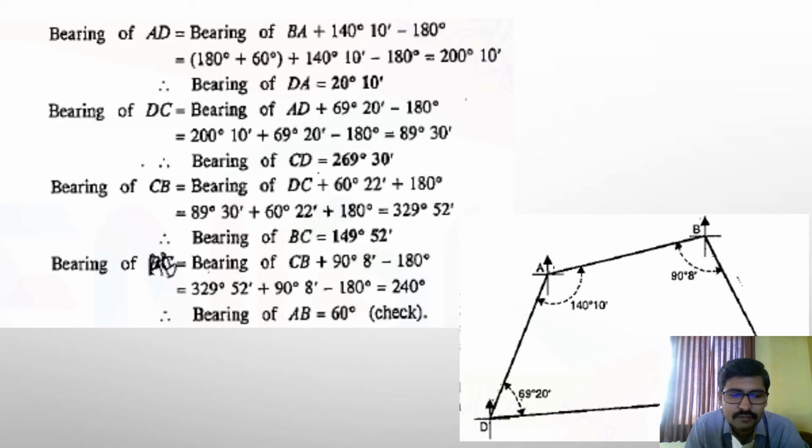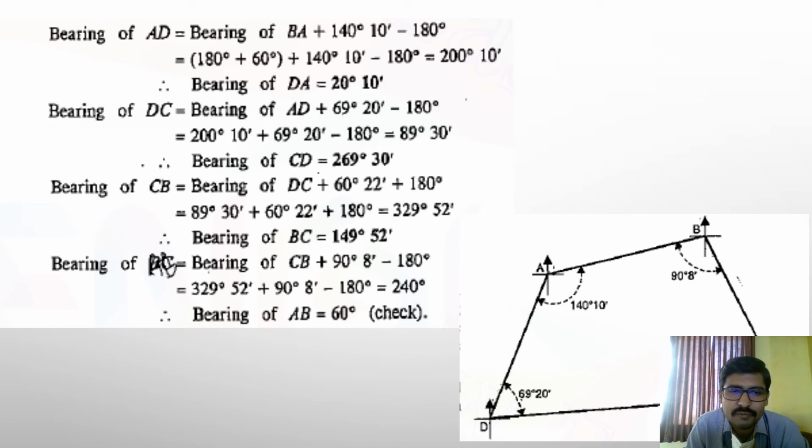Okay, so here the bearing of the first line is given. Bearing of line AB is given as 60 degrees.